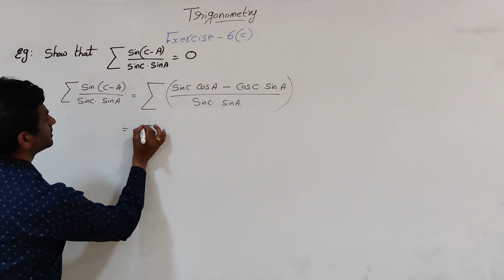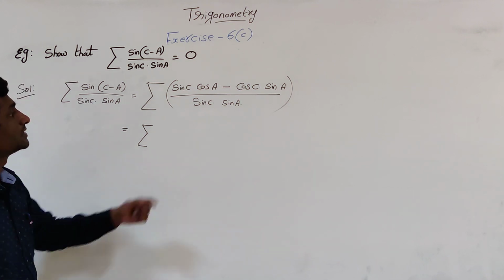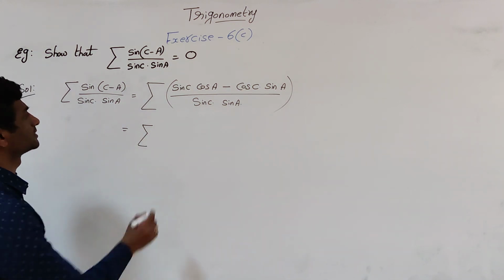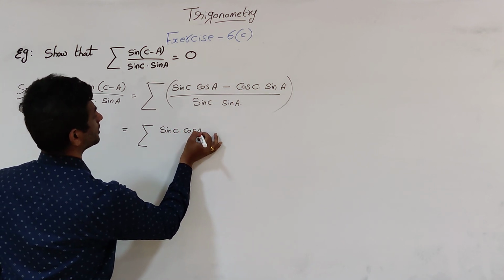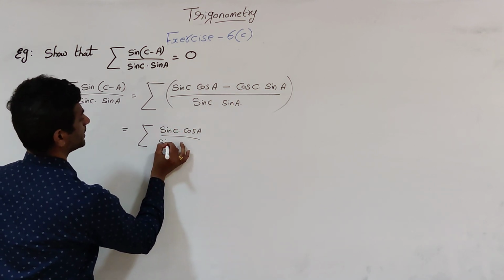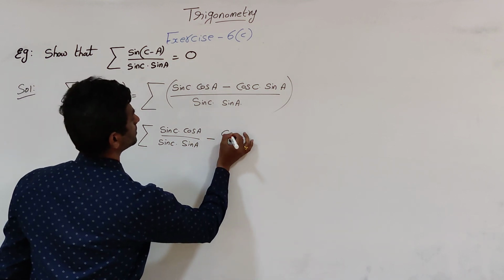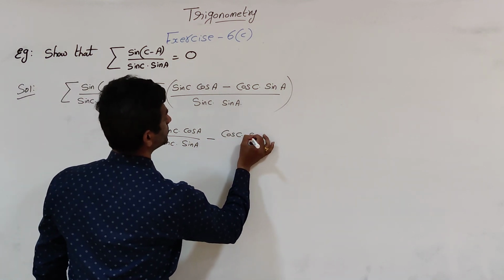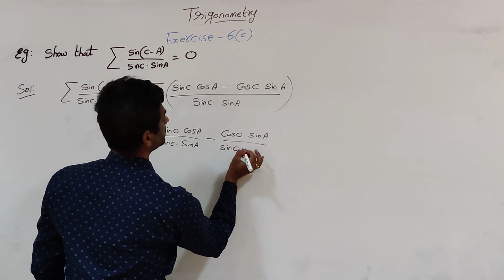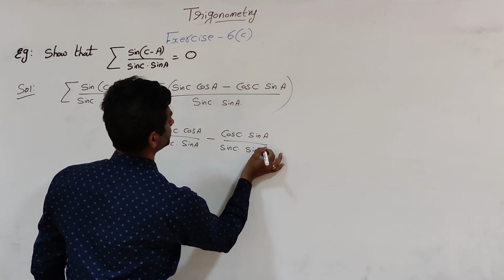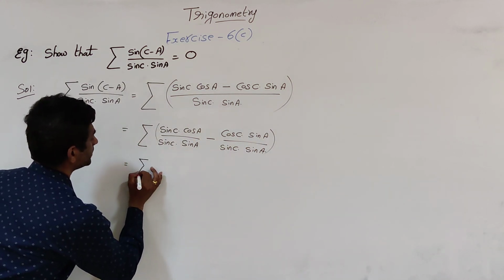Still, if we simplify, we can separate the terms. As the denominator is the same, we can separate the numerators. Sin c into cos a by sin c into sin a minus cos c into sin a by sin c into sin a. Summation.